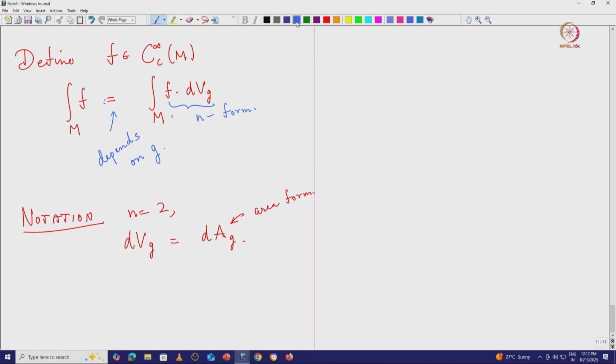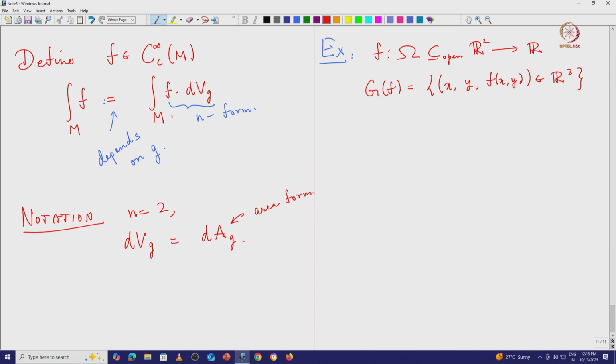So let me quickly end with the following example. Suppose f is from omega, an open set in R2, to R, a real valued function, and you look at the graph of the function. This is the set of all (x, y, f(x,y)) sitting inside R3.